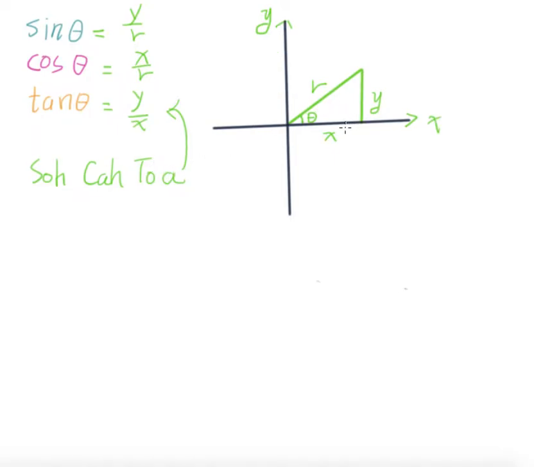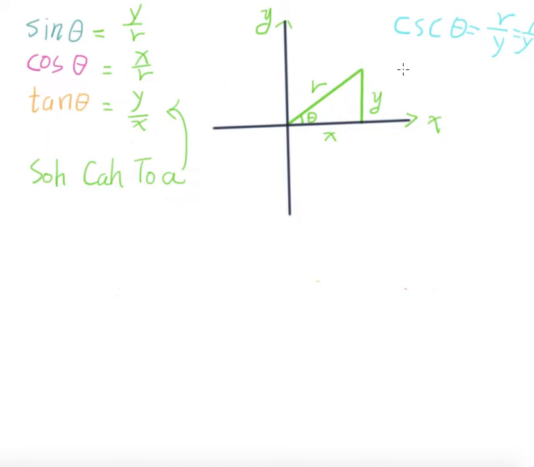And here, the reciprocal of sine theta is called cosecant theta, and it equals r over y, or sometimes 1 over y when r equals 1.